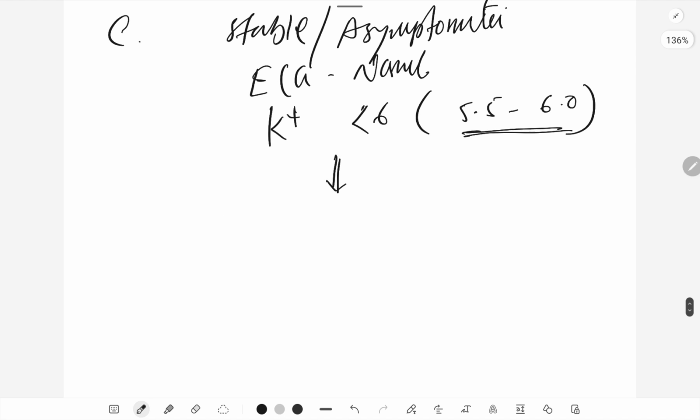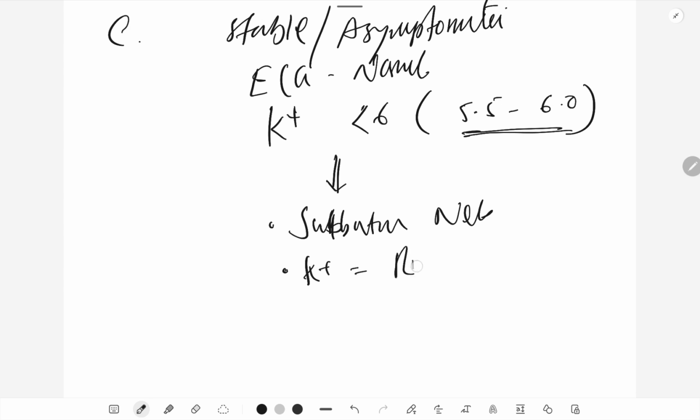If you or your consultant think it is needed, salbutamol is the number 1 treatment modality, salbutamol nebulization can be given, and the potassium binder like resonium, and other drugs like polystyrene sulfate can be given.